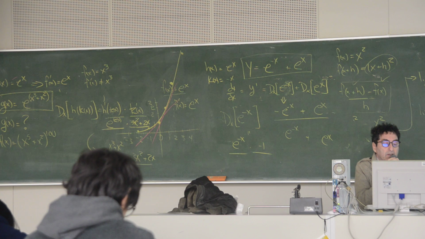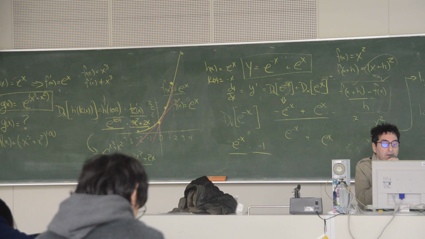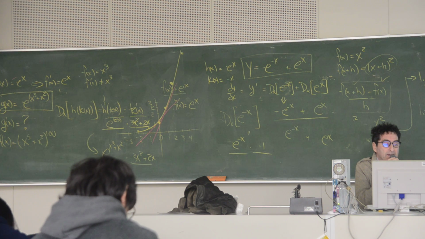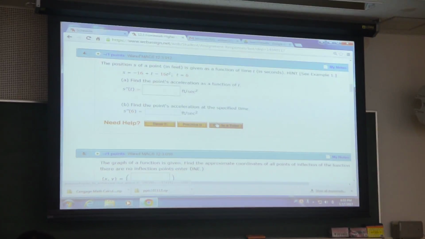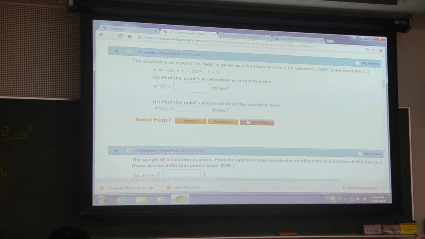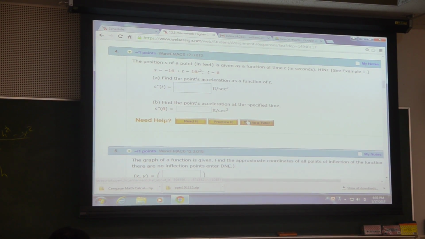So it says the position S, so S represents the distance, or the position of a point in feet, so that's like in meters, but in this case it's in feet, is given as a function of time. So what they mean is like, you have something like a car that's moving, not a point, but a car. Okay, so you have a car that's moving, or a point that's moving.